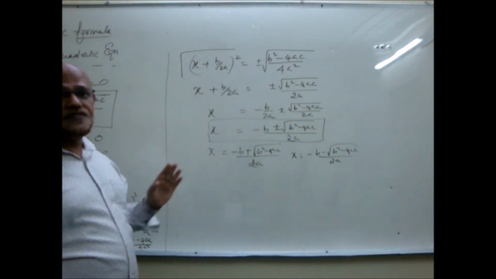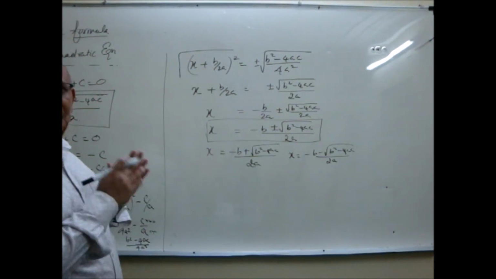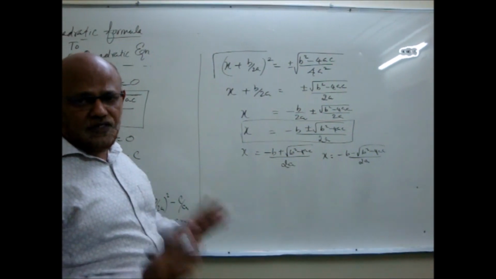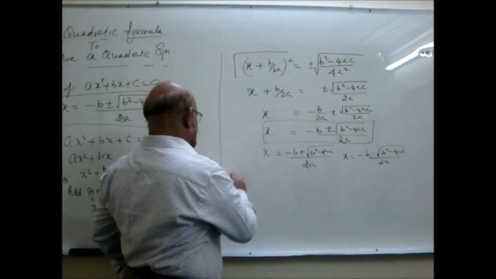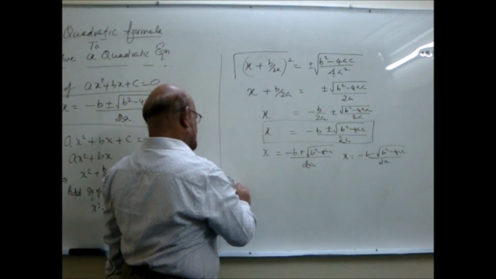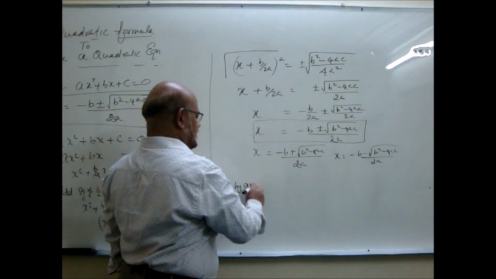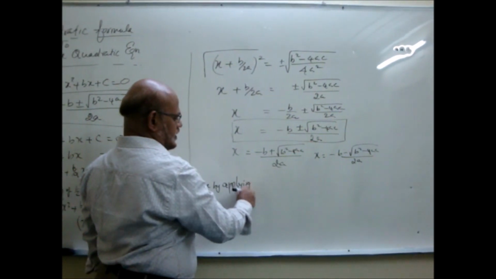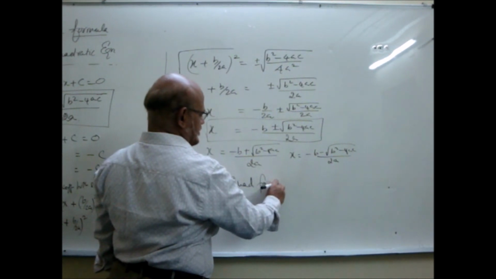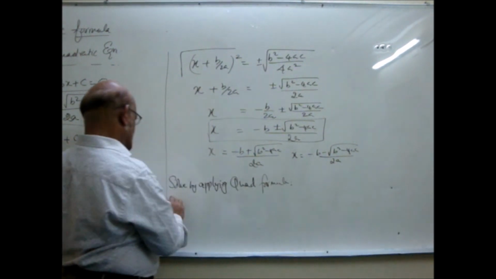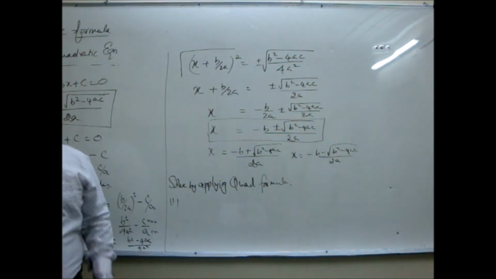Now, next we will apply the formula and directly solve any given question. For example, let us take the question we have done earlier for completing the square. Any question given, non-factorizable or factorizable, does not matter.